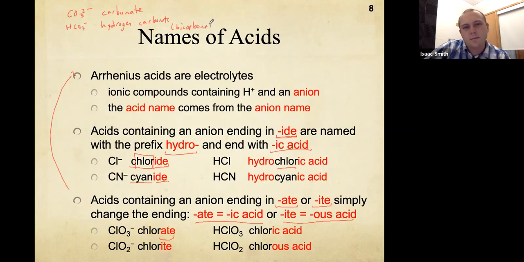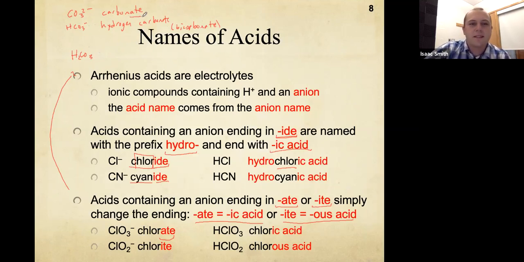But when you add enough protons to where there's 0 charge, like H2CO3, there's no charge now because we neutralized all the negative charges. That's the point at which it becomes an acid.